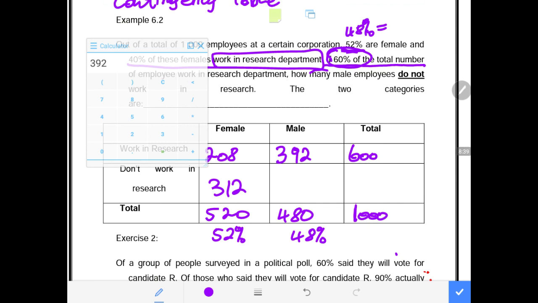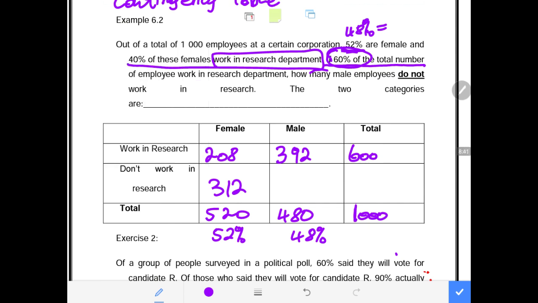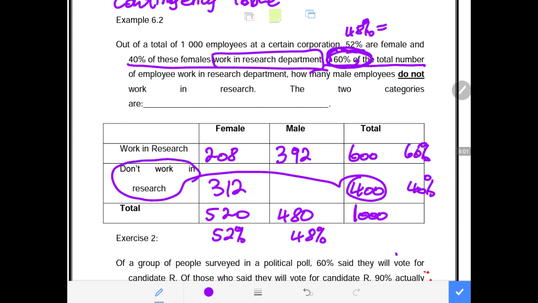Then now from this stage we know that if 60% of the total number of employees work in the research department, then 40%, which will be 400 of the total number of employees. Remember, this is 60% and this will be 40%, meaning 40% do not work in the research department. That means they work in other departments. In other words, that can also be an acceptable line to write, work in other departments.